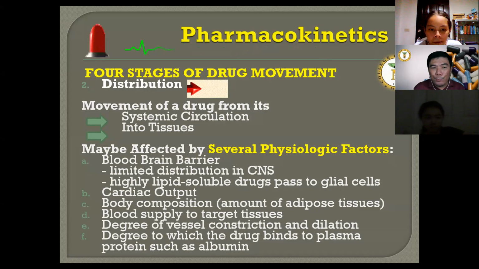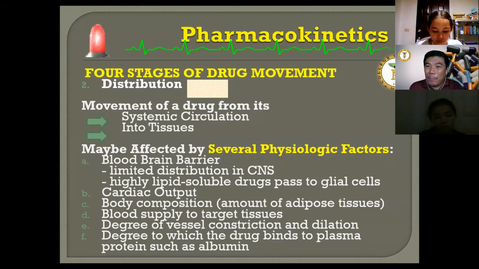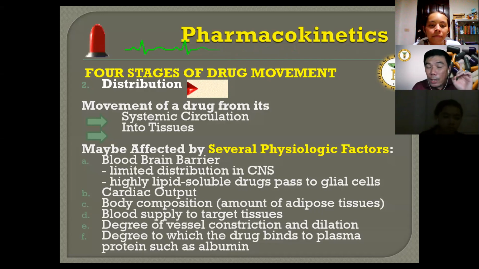Letter C is body composition. This is the one that I told you, that when a person is obese, there are too much adipose tissues. If you will notice in the video, di ba, once the drug is administered via the plasma, here comes the time that it may be distributed to the different compartments. If the person is obese, the higher chance of adipose tissues, the greater chances that the level of fats are also increased.